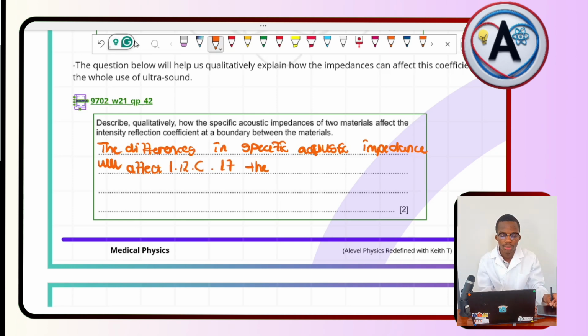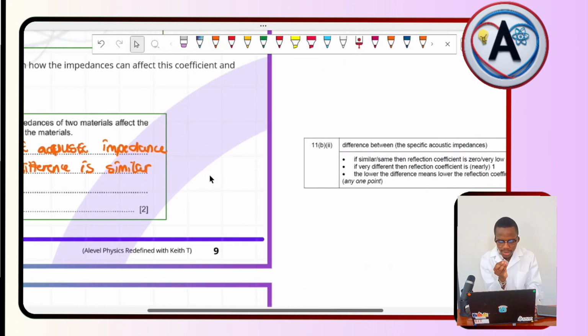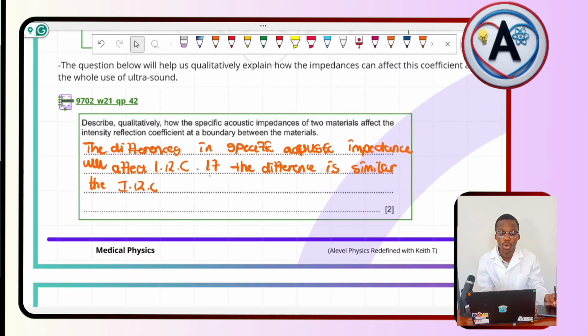Okay? If the differences are very, very similar, the IRC will be close to 0 or very low.